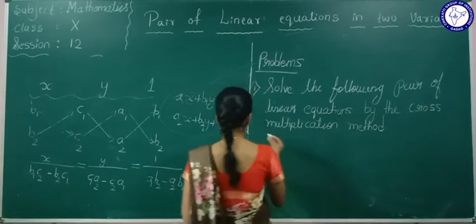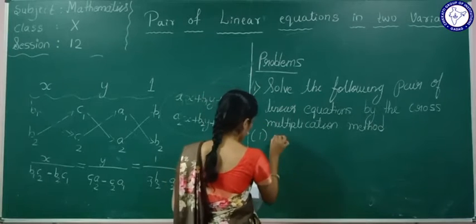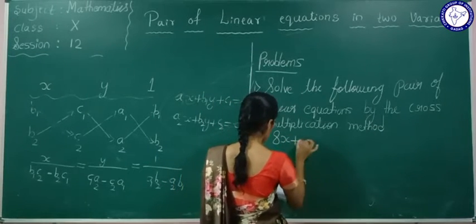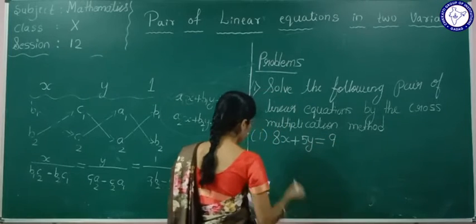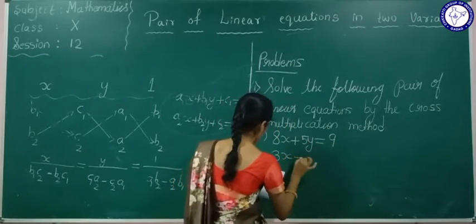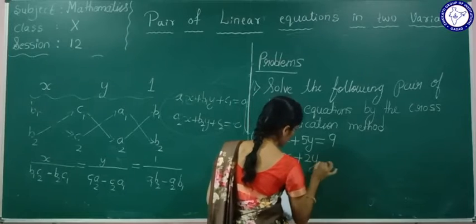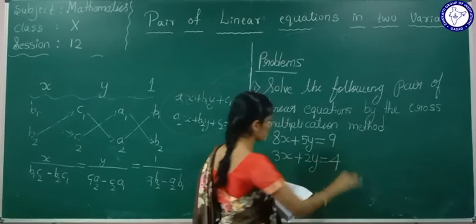Now see here, the first one: 8x plus 5y is equal to 9, 3x plus 2y is equal to 4.